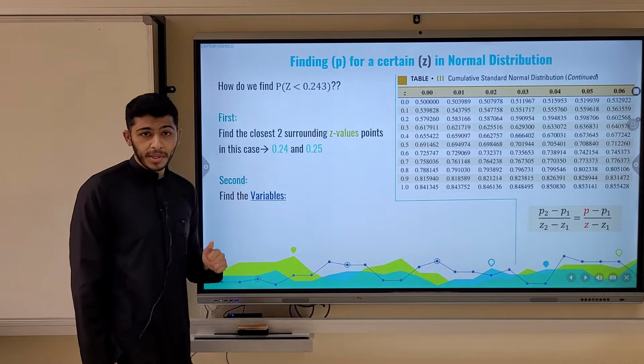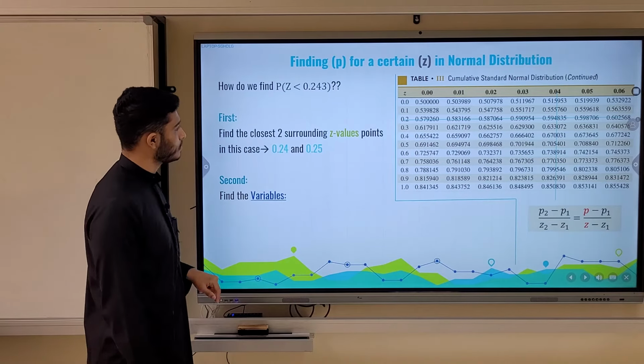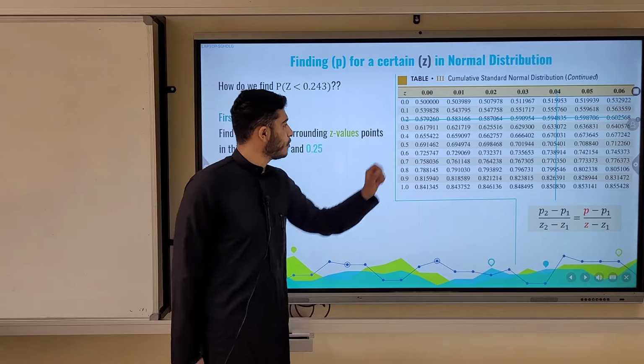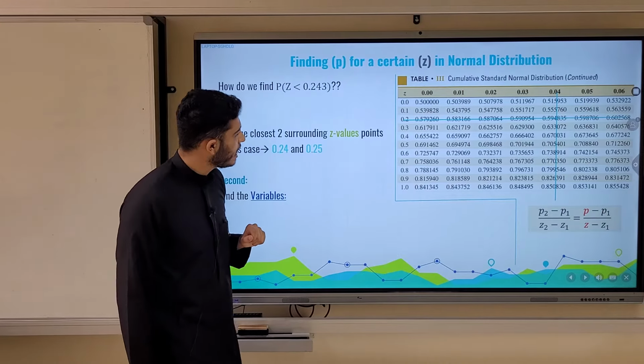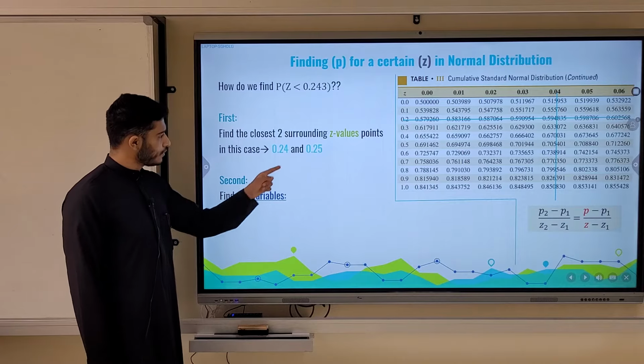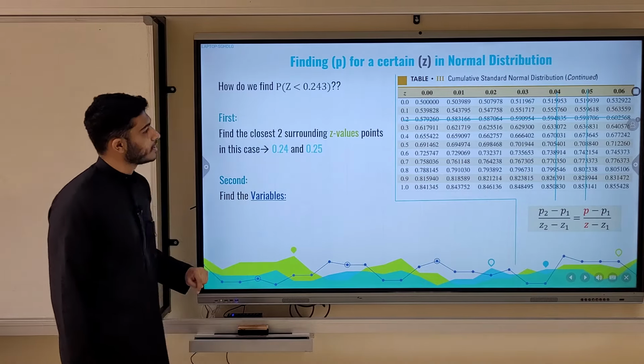What is P1? P1 is the cumulative probability of Z1. You can find it in the table. This is the cumulative probability for Z1, 0.24, the intersection between them is this value here, and the cumulative probability of Z2 is 0.25. You can find it in the table.